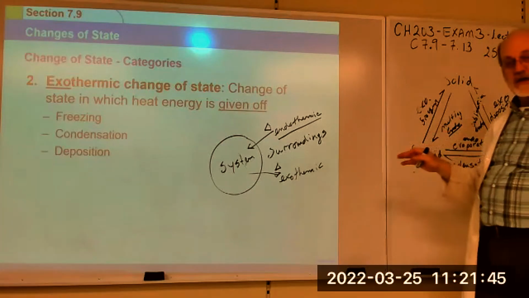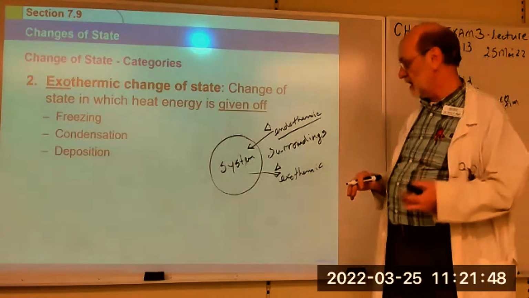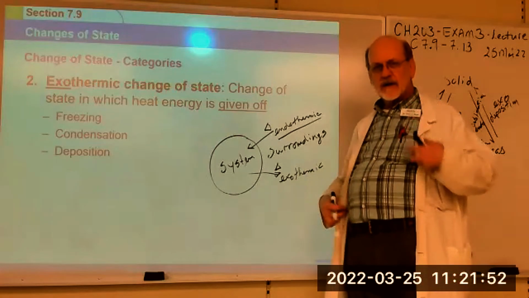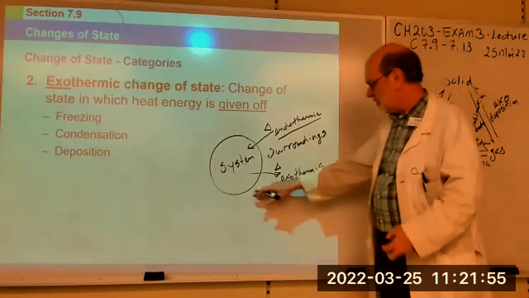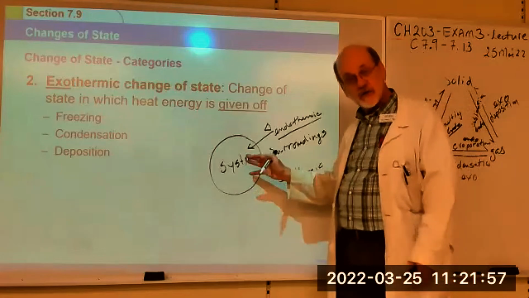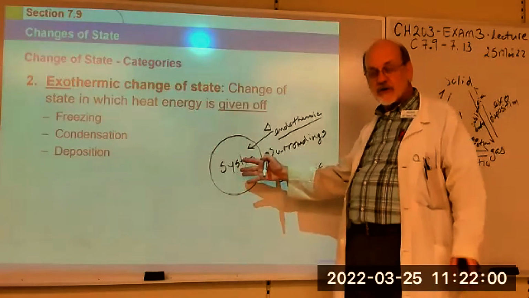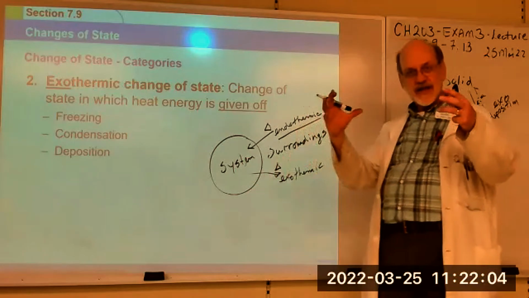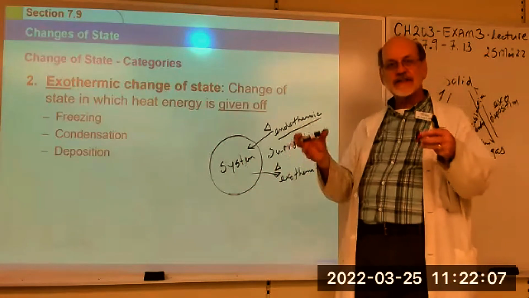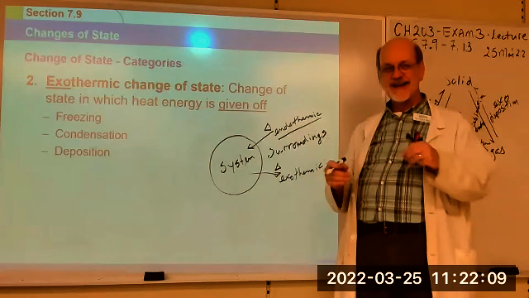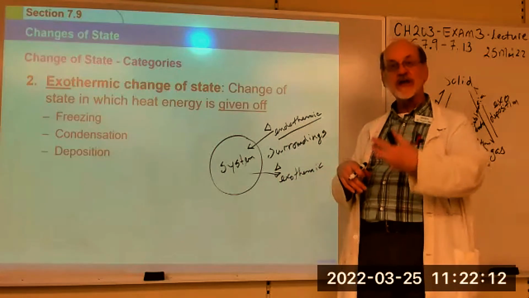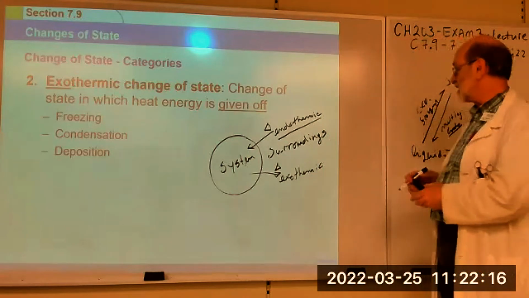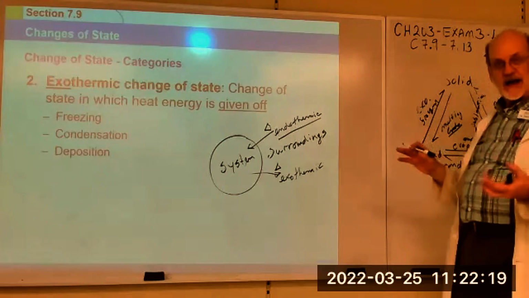Under any of those conditions, heat has to leave the system in order for those transitions to occur. And if you think of it, what's happening? If heat is leaving the system, the molecules are slowing down, right? So you could go from a gas to a solid, or a liquid to a solid, because now you're removing energy. You're removing the disruptive forces and allowing the potential or cohesive forces to draw things in closer proximity, which means liquid or solid.